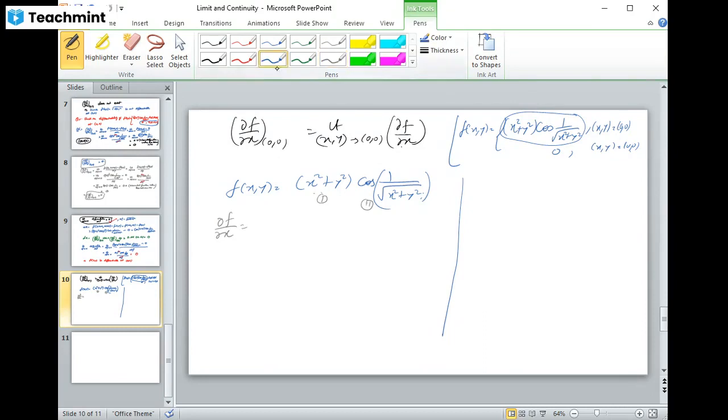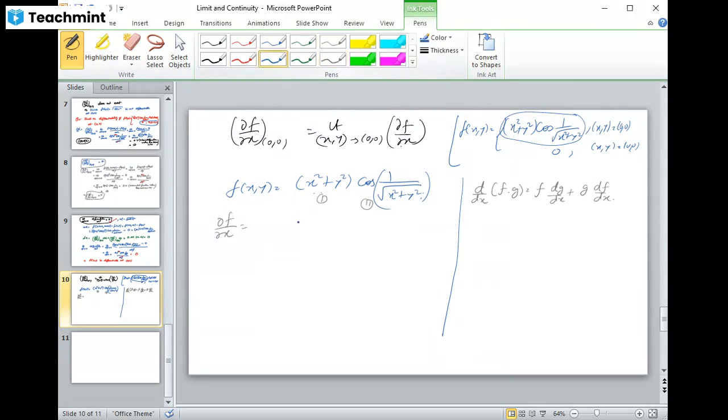So what is the derivative of u and v? I'm going to use some property here, writing these properties side by side. What is the derivative of the product of two functions f and g? It is the first function times the derivative of the second, plus the second function times the derivative of the first.